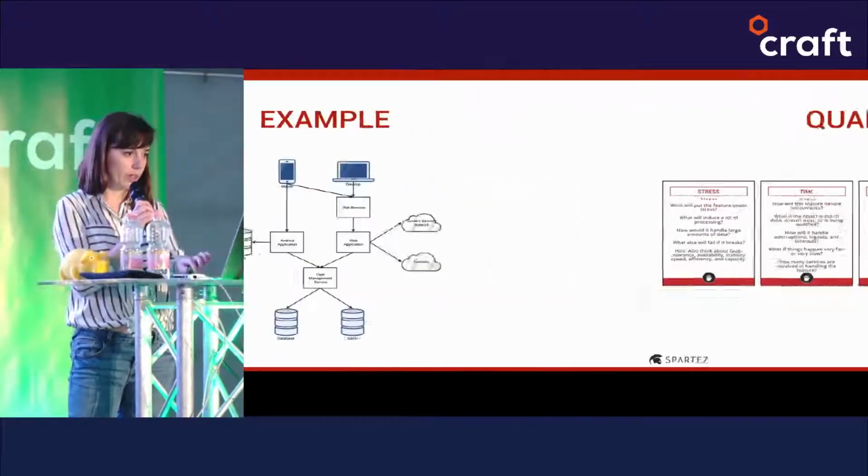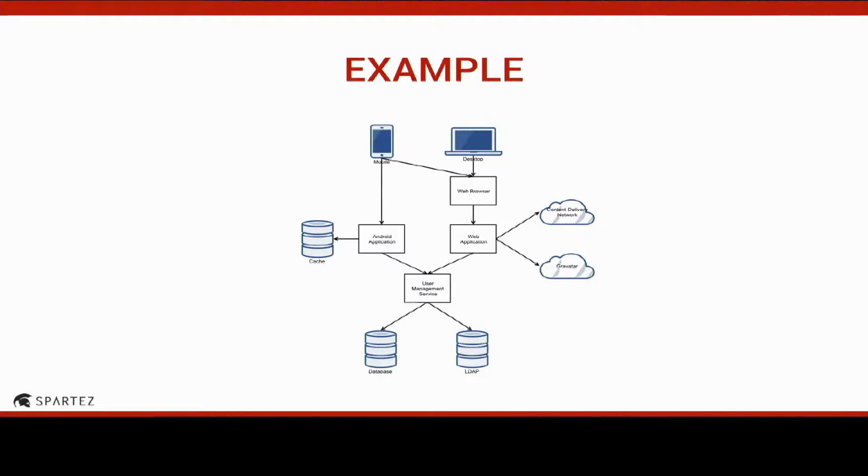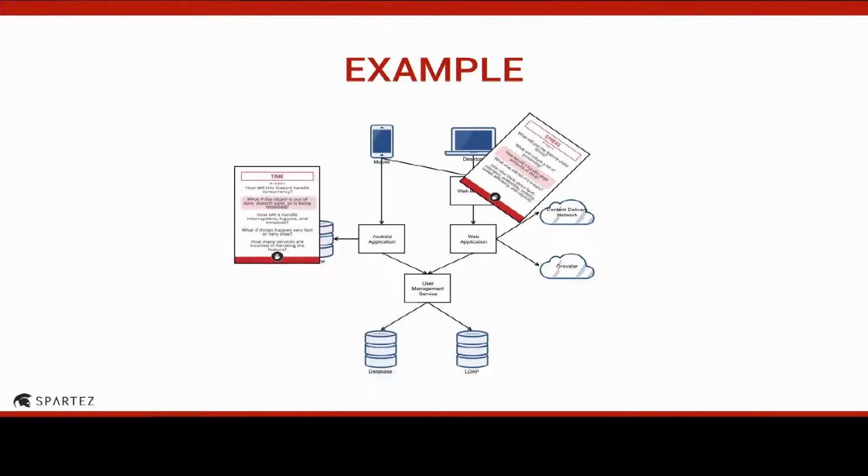Going back to the previous example, how can we use the simple cards for our feature? We can use the card stress and ask how we are going to handle large avatars. Is there any maximum size set? We can use the card time and ask, what if we change the avatar in the web application? Would the cached avatar on mobile get invalidated?